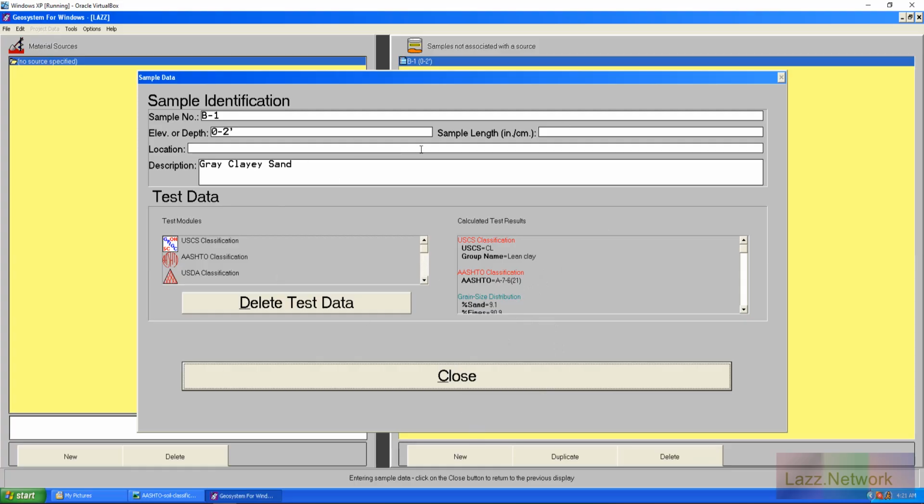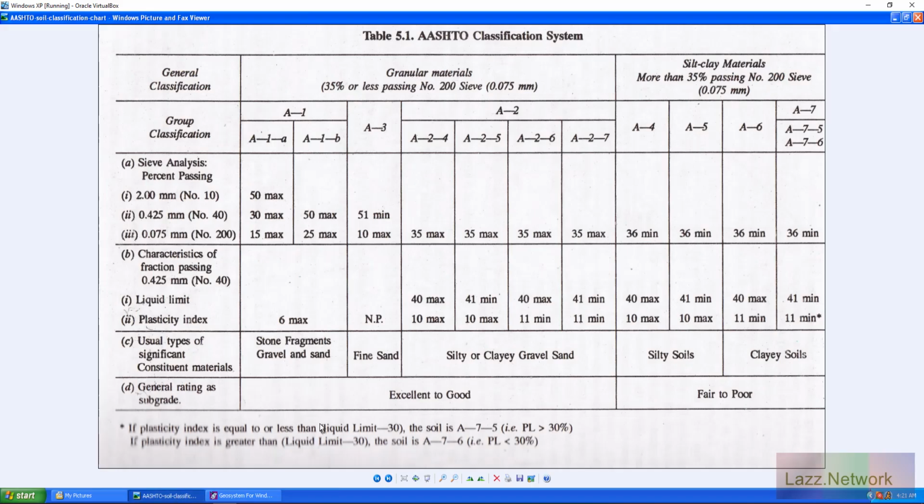I mean, this is an older version, but then again, unless this is an older version of the spec, I don't know. It's hard to tell because that seems contradictory to me. Because if your plastic index is greater than, so remember, plastic index is 22.